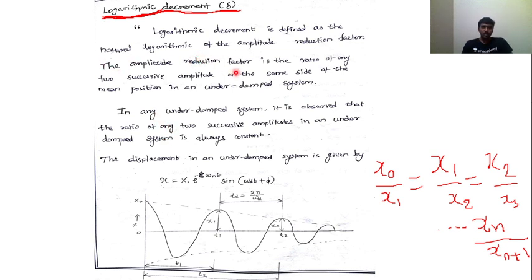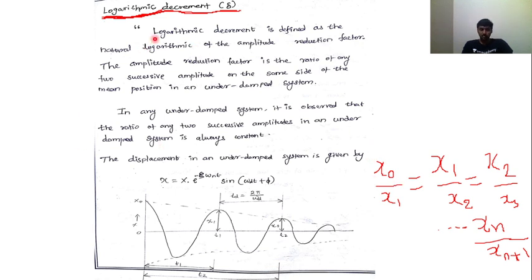So here we may select it as x0 divided by x1, or x1 divided by x2, or x2 divided by x3, or xn divided by xn plus 1. The amplitude reduction factor is the ratio of any two successive amplitudes.